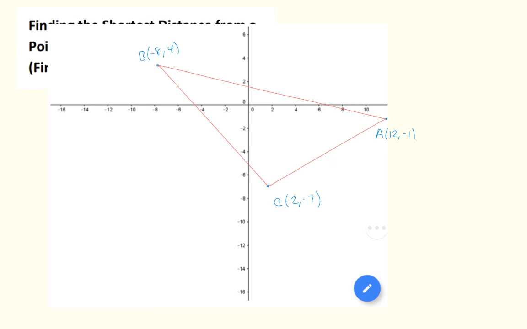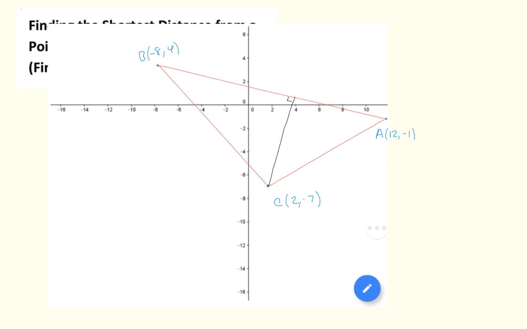I know the altitude has to come from C because that's part of the question. And as an altitude, it has to go directly, by which I mean at a perpendicular angle. It has to meet the other side at a right angle. So I'm just going to draw in what I think it might look like, maybe something like this. Even if it's not totally accurate, that's a pretty good place to start.